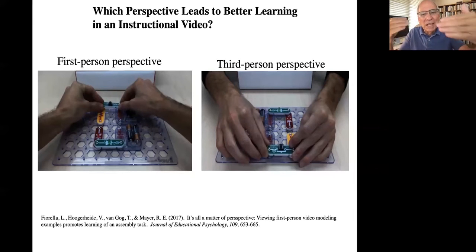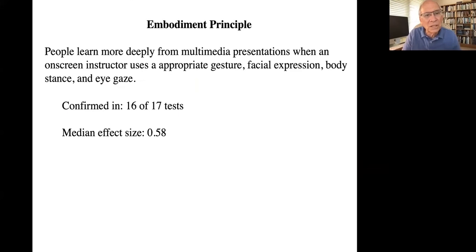So we filmed exactly the same thing that was going on with one camera on his shoulder, another camera across the room from him, across the table from him, and the exact same voice. People learn better from a first-person perspective than a third-person perspective. Again, I think there's this element of embodiment here where you're feeling like maybe that's your hands doing this.